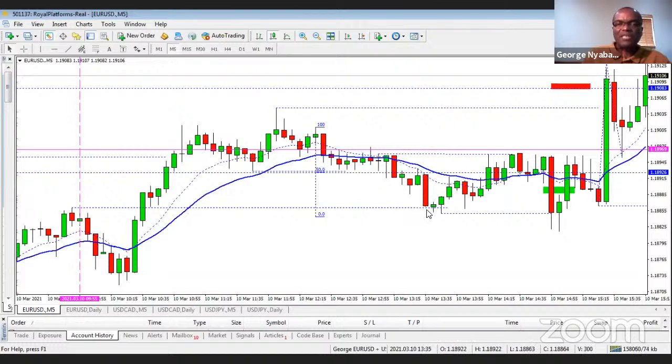And the bears have tested that, and it's always important to train your eyes to look at the nature of the price action to that test. When you're getting down here, are you seeing consecutive strong bear trend bars or not? We're not seeing that. What we see are consecutive strong bull trend bars. So in all of this, the bulls are much stronger.